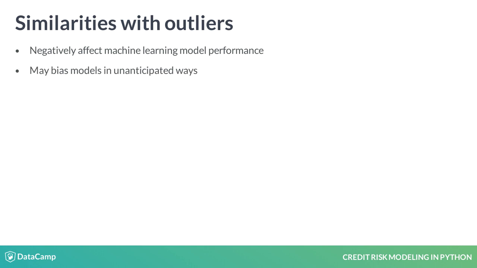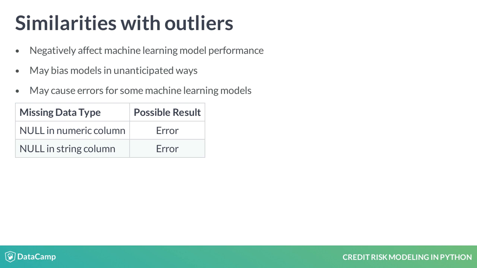It can bias our model in unanticipated ways, which can affect how we predict defaults. This could result in us predicting a large number of defaults that are not actually defaults because the model is biased towards defaults. Also, many machine learning models in Python do not automatically ignore missing values and will often throw errors and cease training. Here are some examples of missing data and possible results.